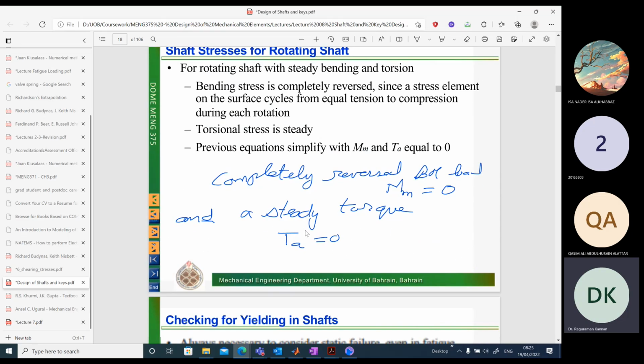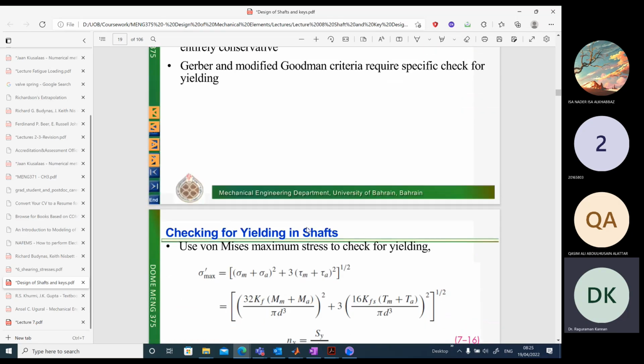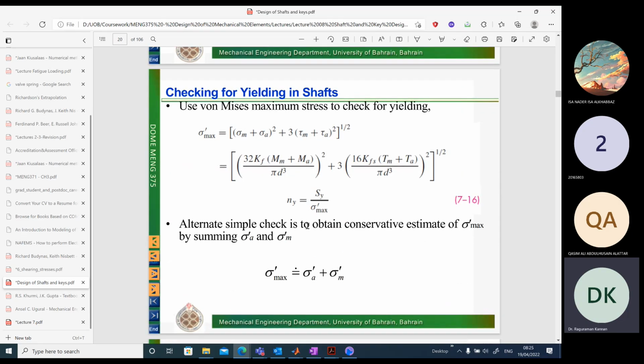Besides these, except Soderberg, all the other three, ASME elliptic, Gerber and Goodman, we also need to check for yielding. To check for yielding, we use this formula to calculate the yield factor of safety, just to ensure that we are also within the yield limit.